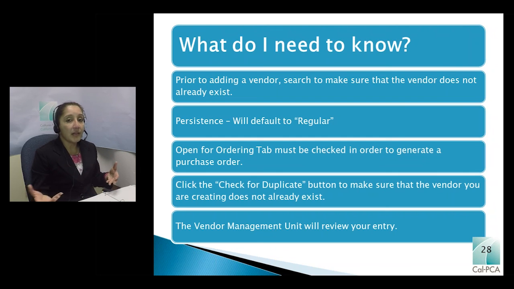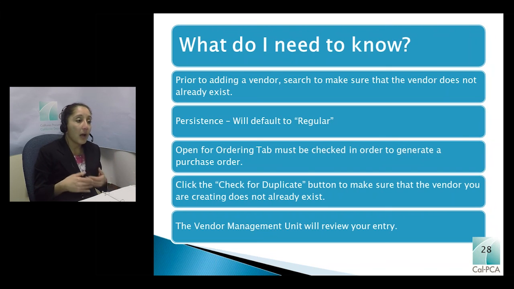If you use contains, it's going to give you a more robust search result and hopefully a more successful search result because it's going to bring up any vendor that contains the word you're looking for. Again, even if it has the word "the" in front of the name, you'll be able to at least find it, hopefully. Save yourself a lot of trouble trying to add them only to find out that it's a duplicate. So search using that function.